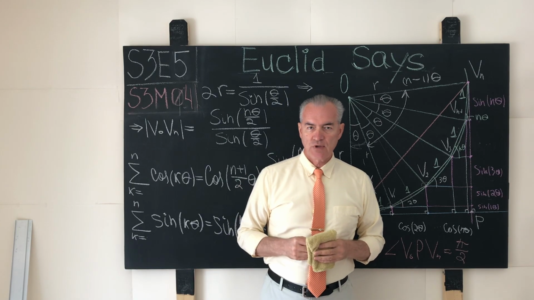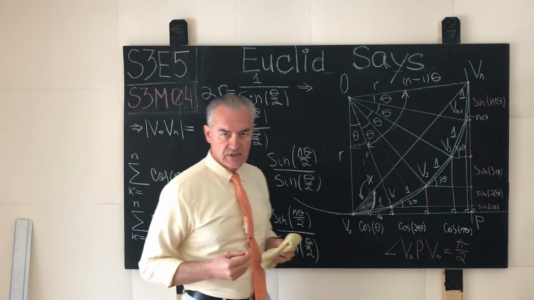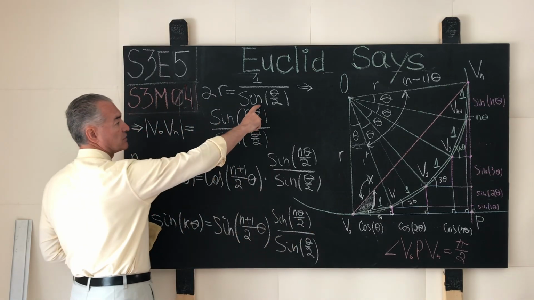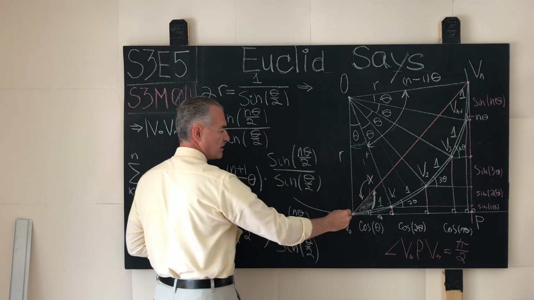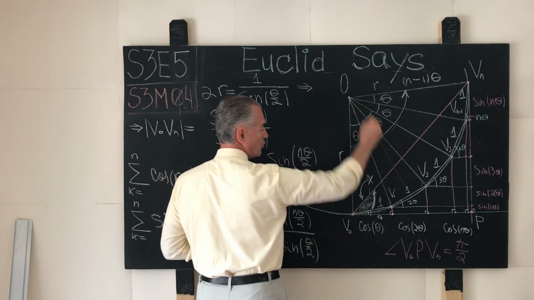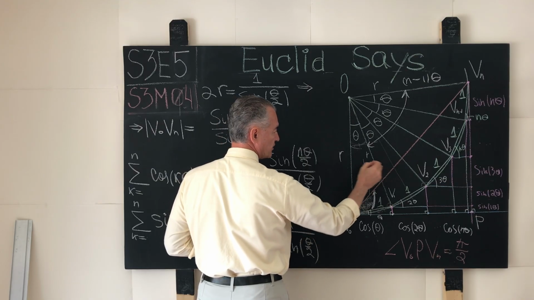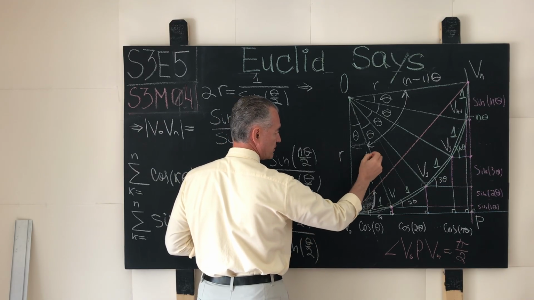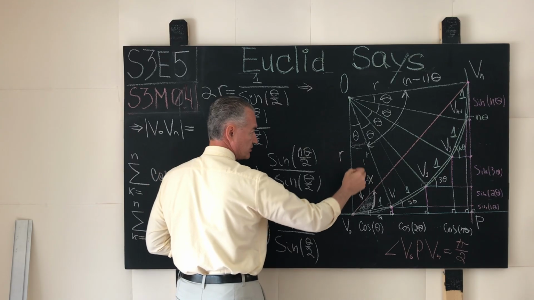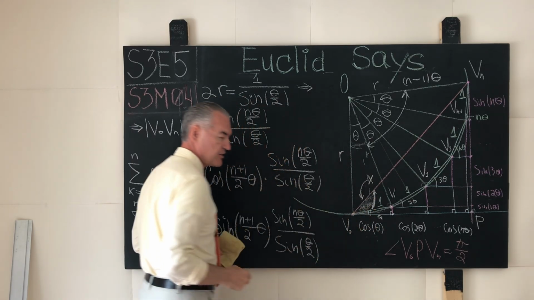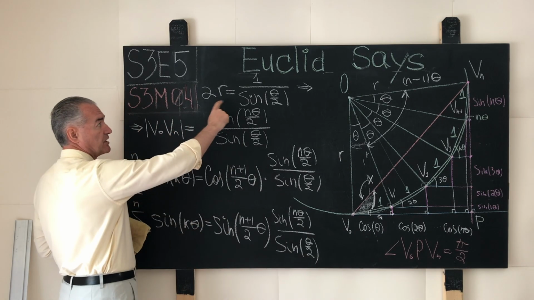And all we have to do now is carefully write down the result of our geometric observations. Remember that in the previous segment, using the fact that the triangle V0 O V1 is isosceles, the length of the sides of this triangle are R, the radius, and then projecting these sides onto the base, which is of length 1, we obtain this relation.